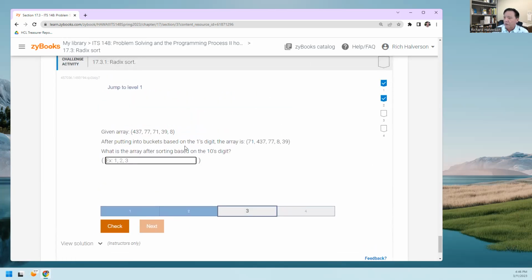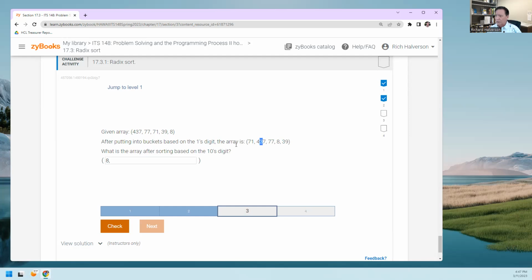Given this array, after putting it into buckets based on the ones digit, the array looks like this. What is the array after sorting on the tens digit? Well, the first one is the 0, so it's 8. And the next one looks like it's the 3. Oh no, it's this 3, the first 3.